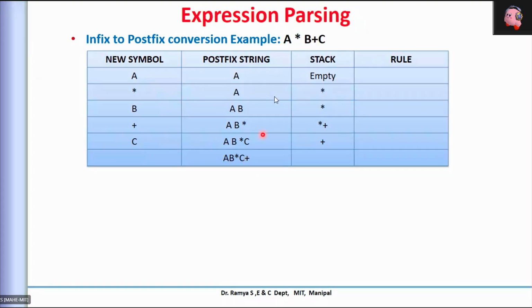How is it possible? You should put the operand first, A, then B, and between these two, whichever has more precedence, put that one, and then the operator. Is it clear? Can you connect this with the answer which you are going to get?